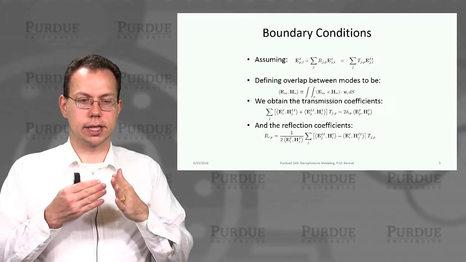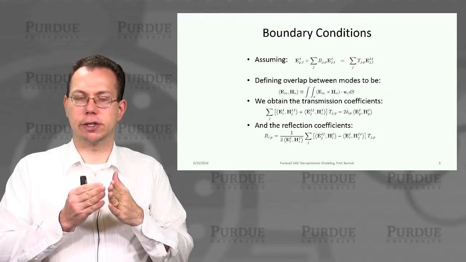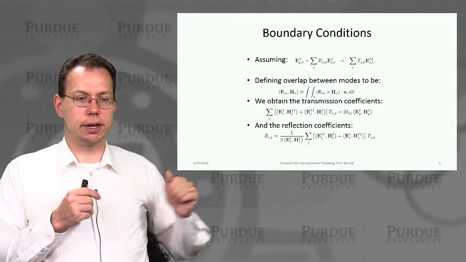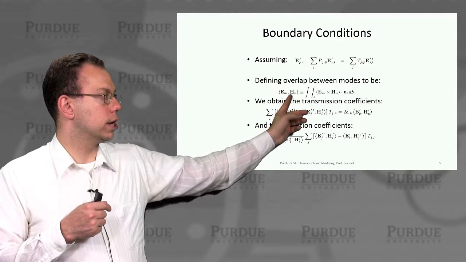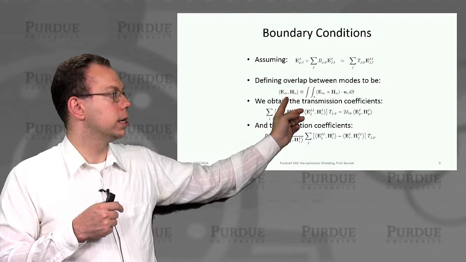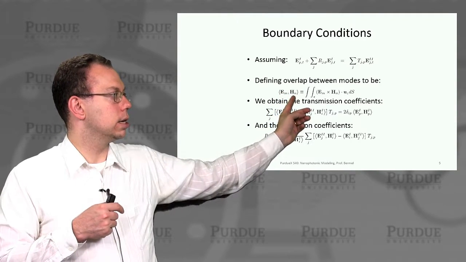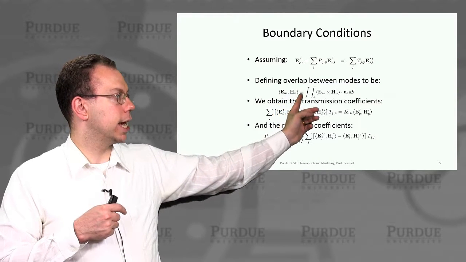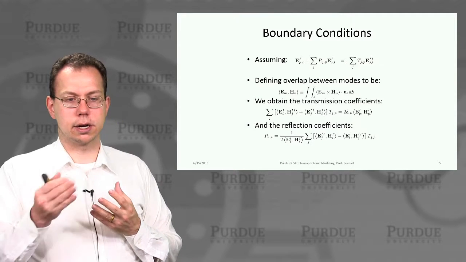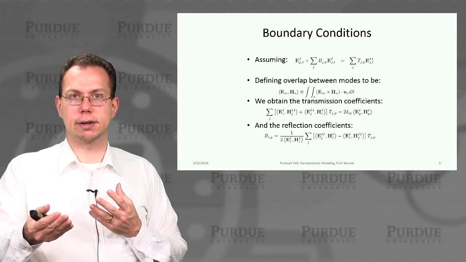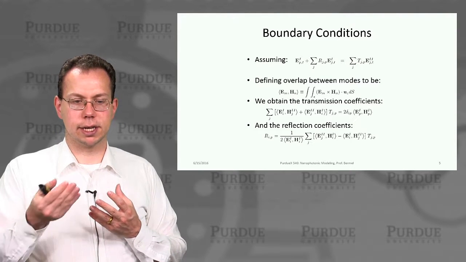Of course, these have to match right on the boundary, all these E fields. Then you can define the overlap between modes using quantum mechanical type notation, with E as a bra and H as a ket, integrated over this cross product across the surface, because that matches up with the Lorentz reciprocity condition.